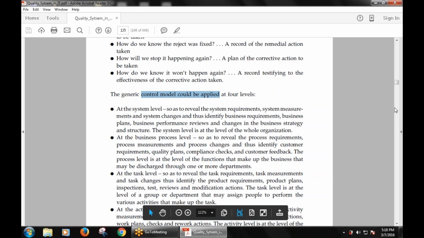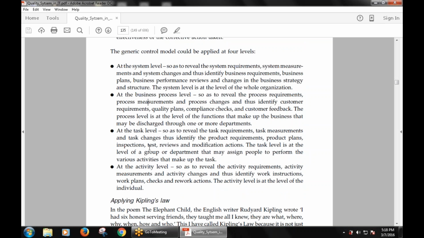First there is the system level, then the business process level, where we can apply the business process model and implement it with the business control models.